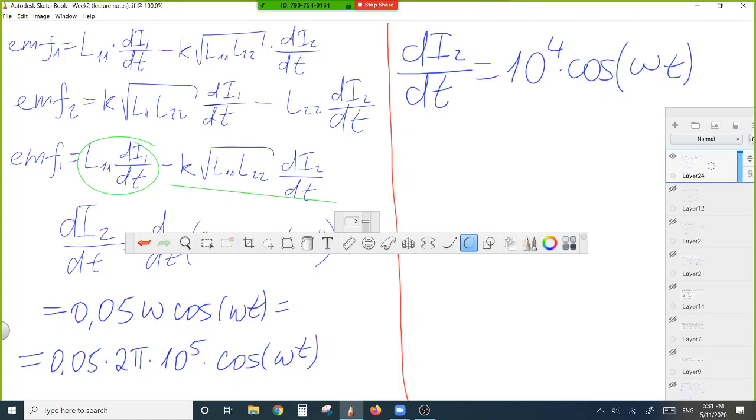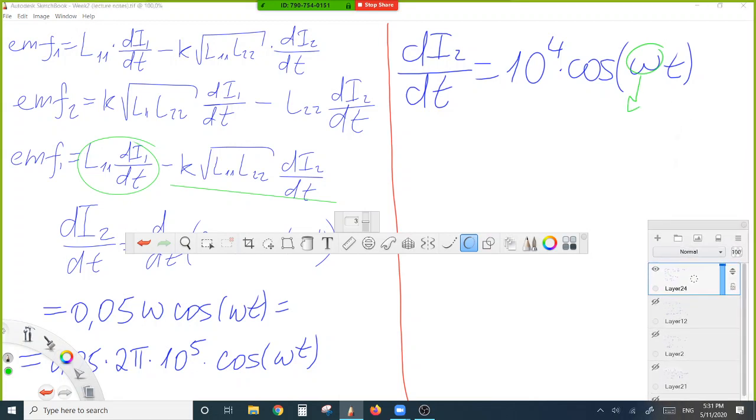Here I'm writing omega just not to write long numbers. Keep in mind that omega is equal to 2 pi 10 to the 5.